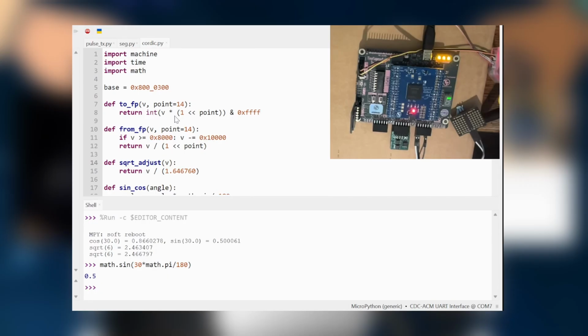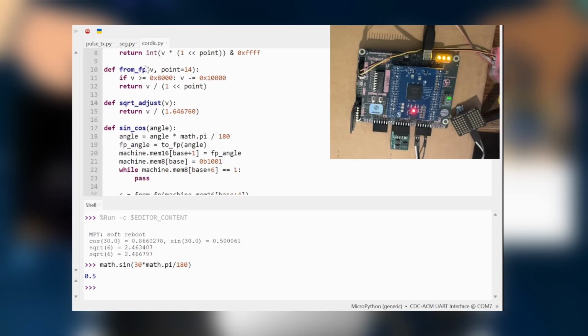The way this is working is with fixed point. So 16-bit fixed point, so it's not super accurate, and with Cordic itself you get a small amount of error, so you can see things are just slightly off there. When it's doing square roots, you end up with a value which you need to then adjust by dividing by a constant, but the Cordic itself can do division.